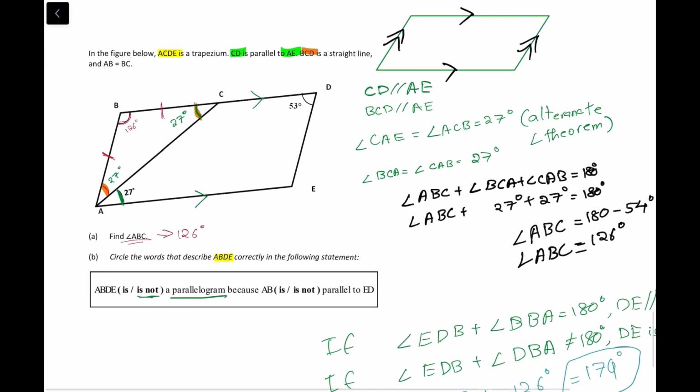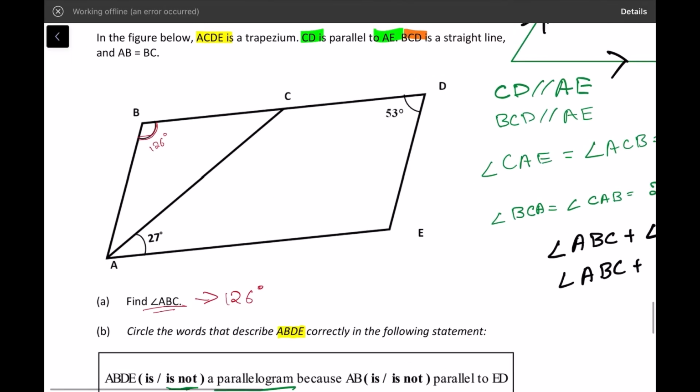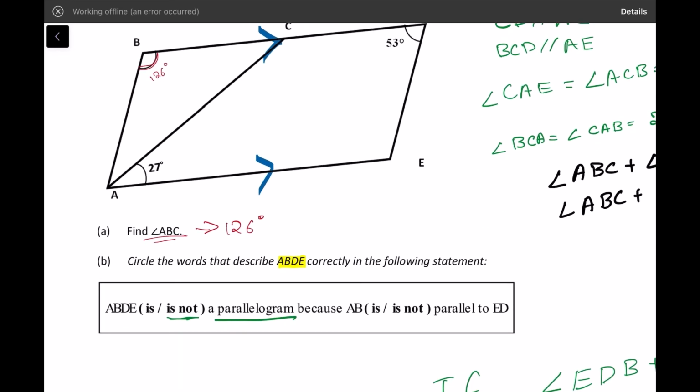But in this case, in the figure given to us, only this line is parallel to this line, but this line is not parallel to this line. This is not parallel, so therefore this figure ABDE is not a parallelogram. So ABDE is not a parallelogram because AB is not parallel to AD.